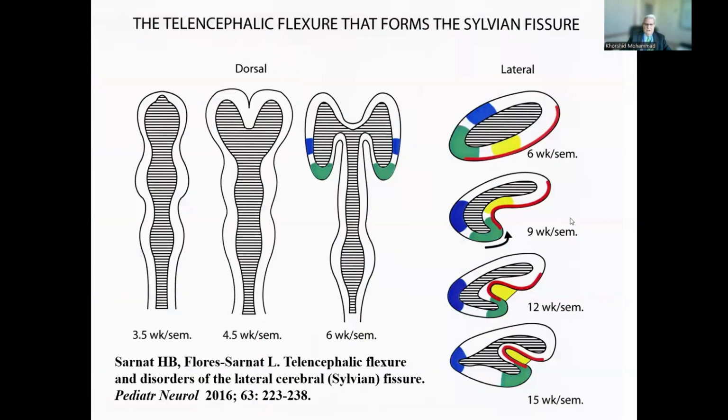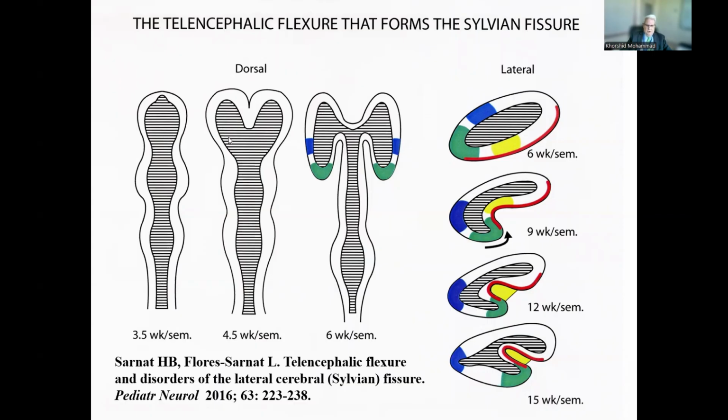Now, when we look at the development of the telencephalic hemispheres, we start out at 3.5 weeks gestation with 3 vesicles, or sort of enlargements of the neural tube. But the ventricle that's inside the neural tube is continuous in all 3.